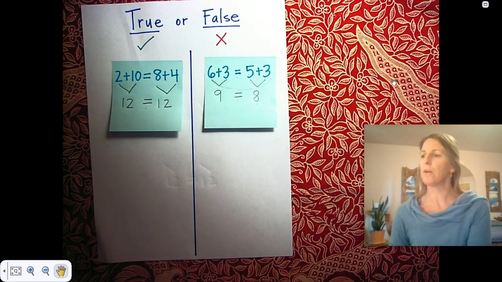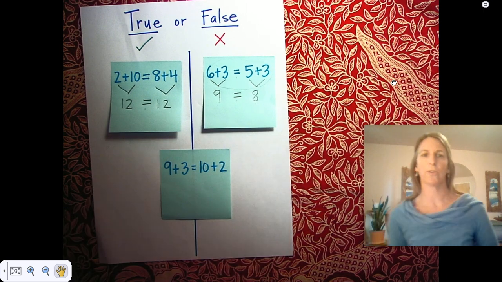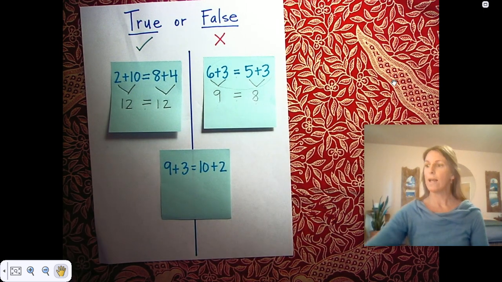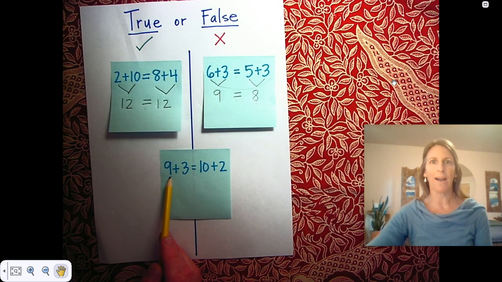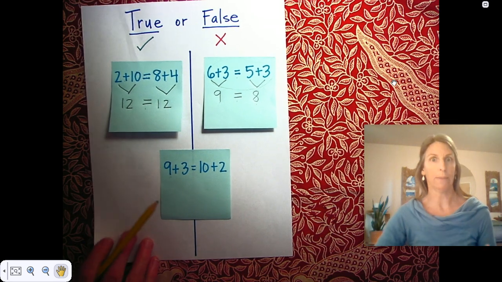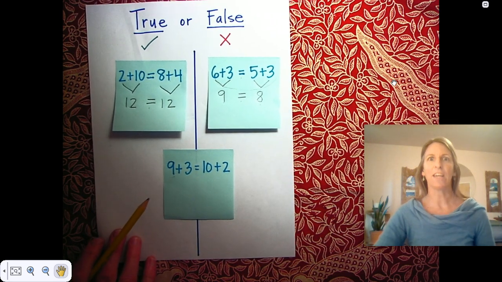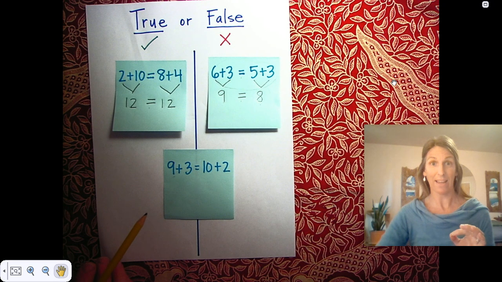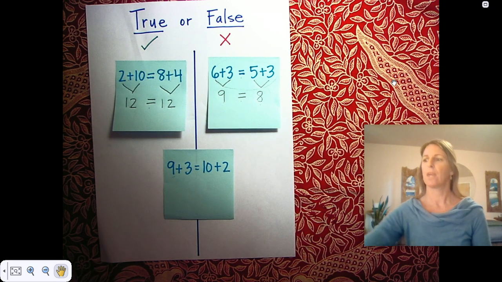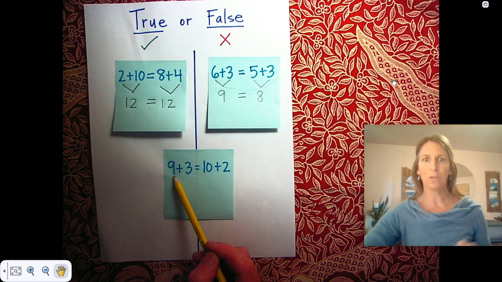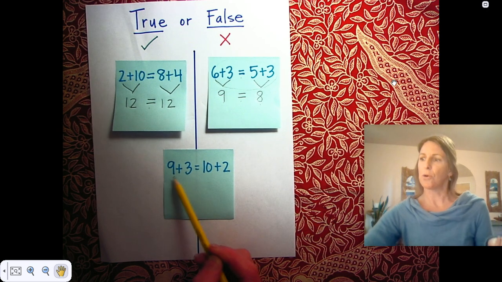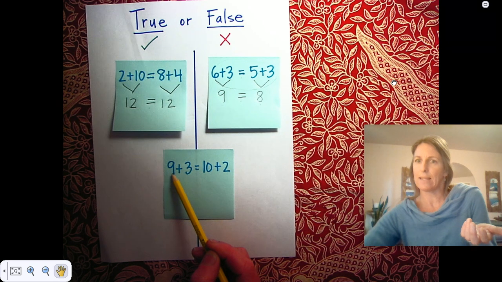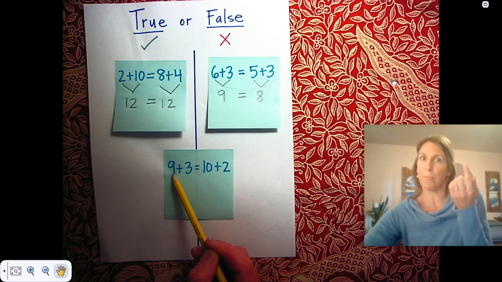Here comes another for you first graders. Oh, it's that adding with 9. Remember, it might have been about a month ago, I gave you that cool adding with 9 strategy. Whenever you add with 9, you can kind of think of it as adding with tens. So if we turn this 9 into a 10, we went up by 1.